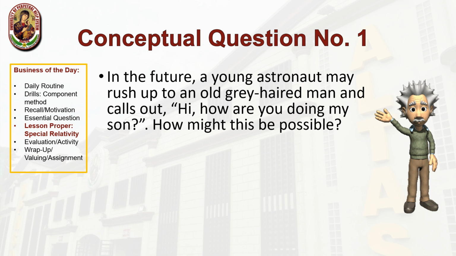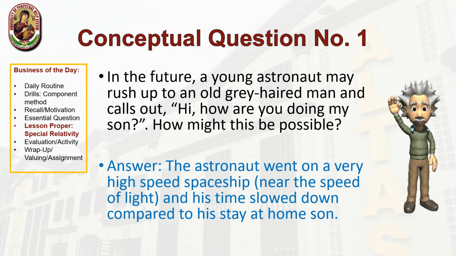Okay, so I hope you paused the video and tried to reflect and answer, no? So in this case, guys, this is really possible if we apply the one that we have just explained. Di ba? Because if that young astronaut traveled in a high-speed spaceship, it means that he only consumed less time compared to the person observing on Earth, which is his son, yung anak niya.